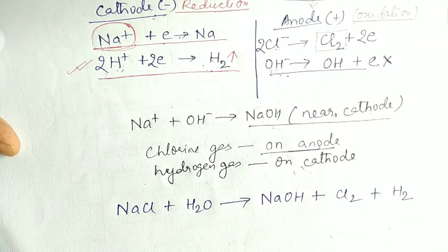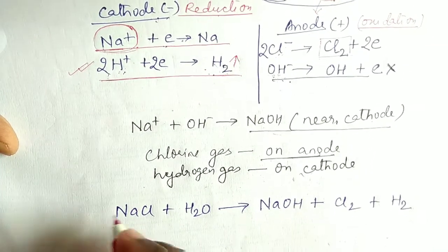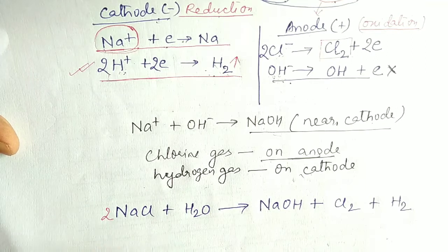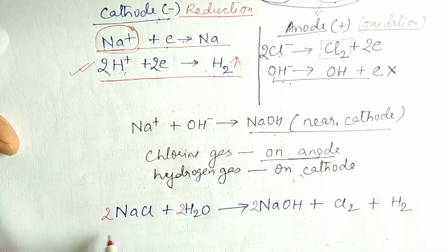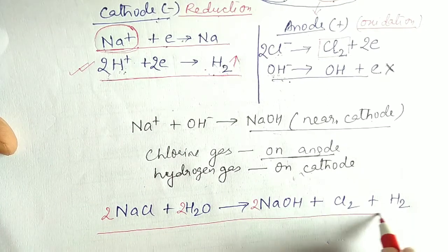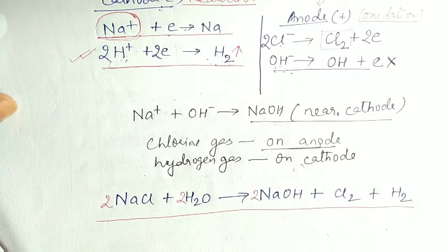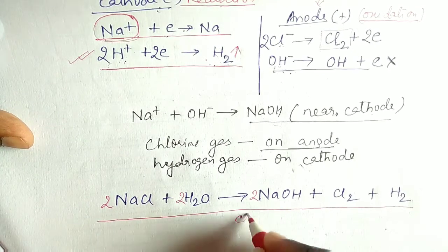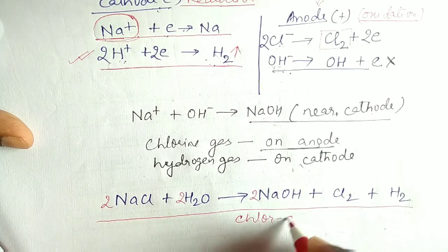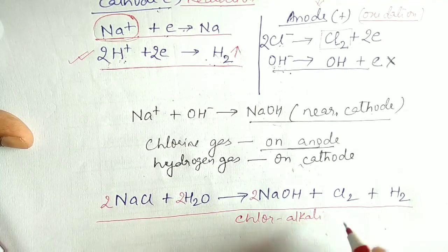So this is the reaction. When we balance it, you write 2 over here, then again on this side, and this represents the balanced reaction for formation of caustic soda. This process is also known as the chlor-alkali process.